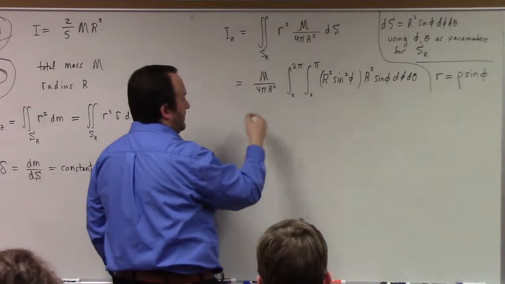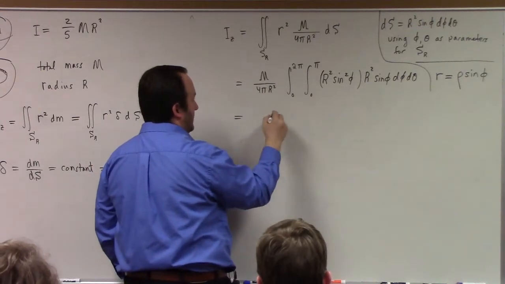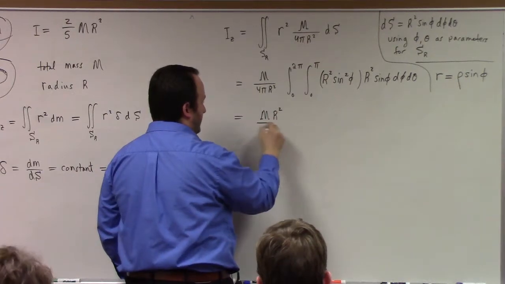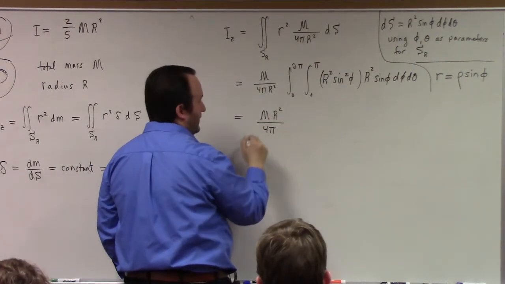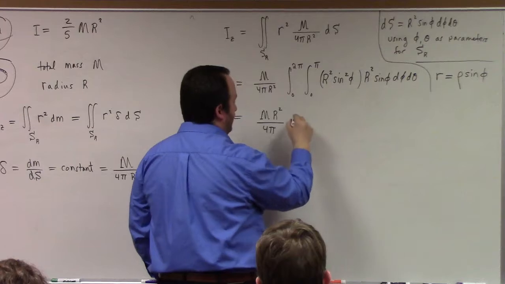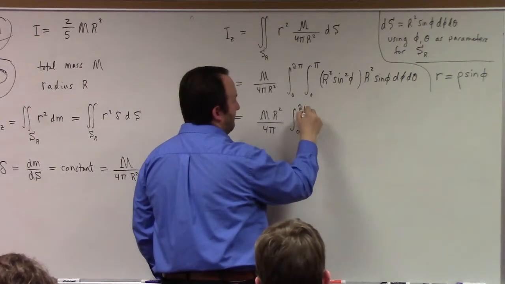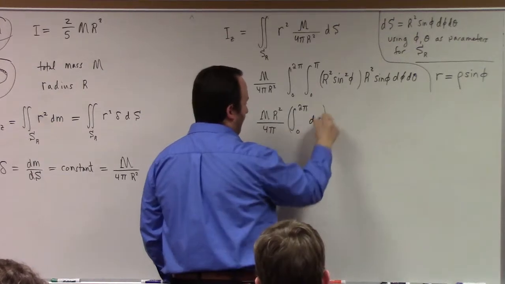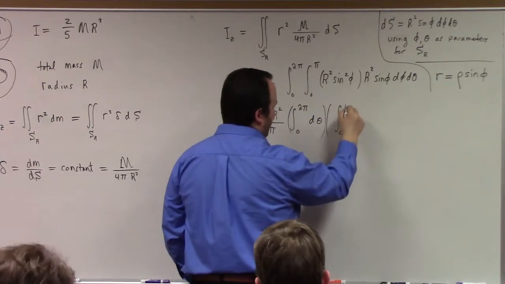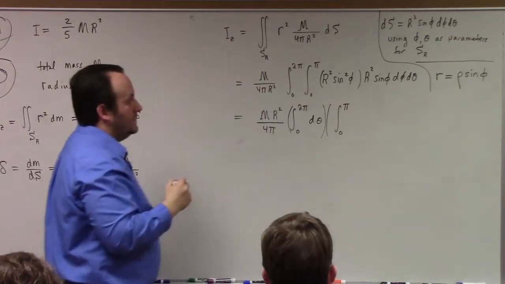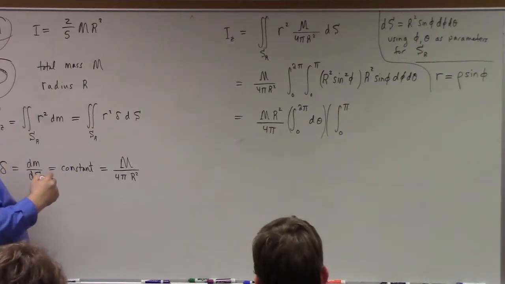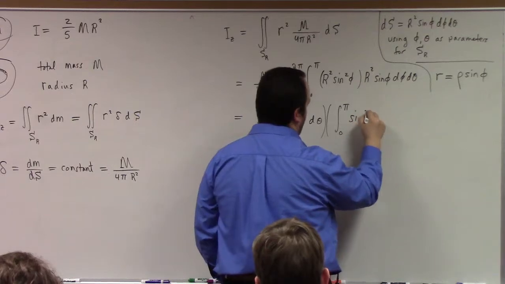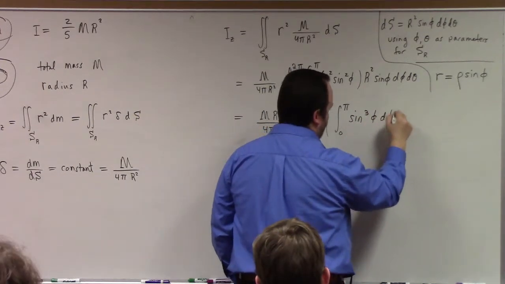Now, thankfully, some of these R squareds cancel, but we've got m R squared over 4 pi, and then I have to integrate from 0 to 2 pi my d theta, and integrate from 0 to pi, I believe, sine cubed phi d phi.